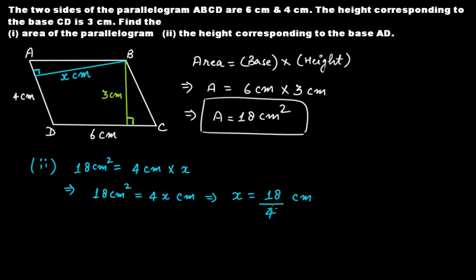Now if you want to solve it, x is equal to 4, 16 and 2 left, 4.5 centimeter, right? So now we know the length of this, x is 4.5 centimeter.